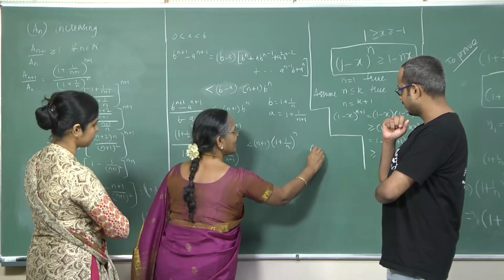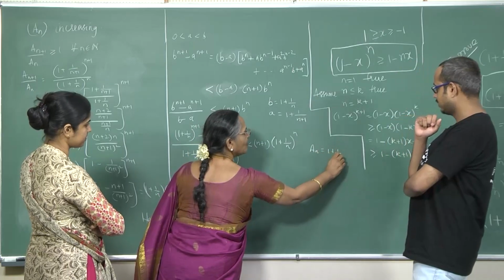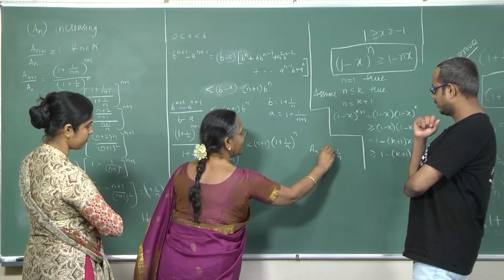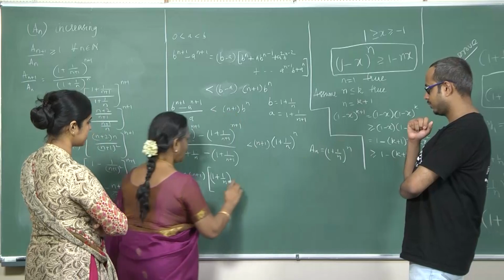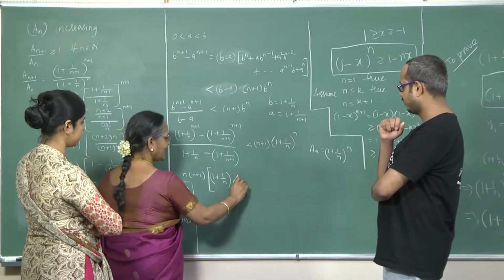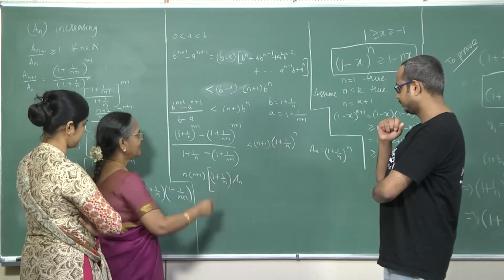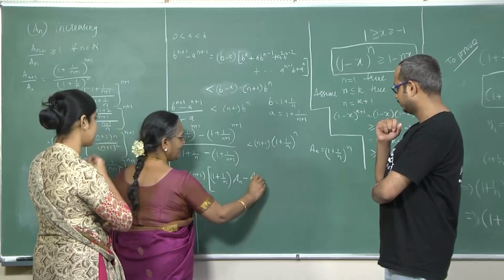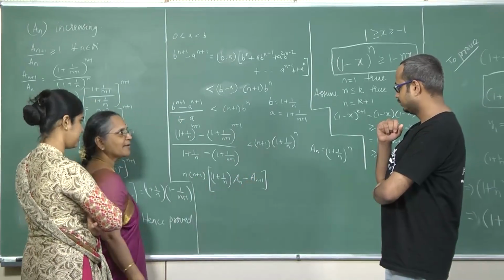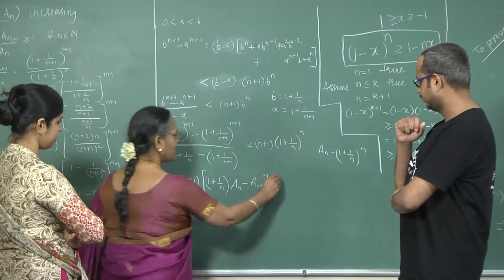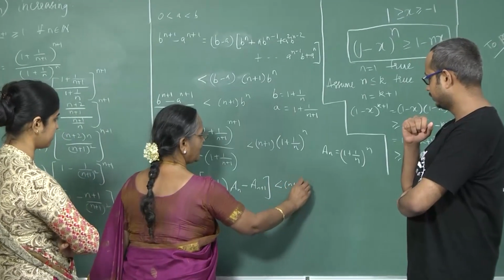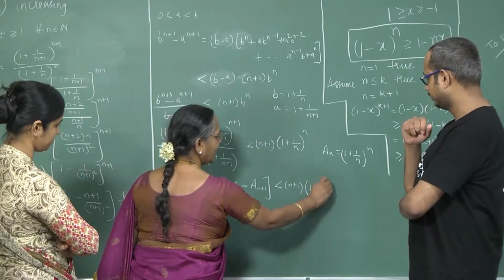And you know our sequence a_n is (1 + 1/n)^n. So the first term is this multiplied by a_n, and the second term is simply a_{n+1}. Right? That must be less than (n+1) into (1 + 1/n)^n.